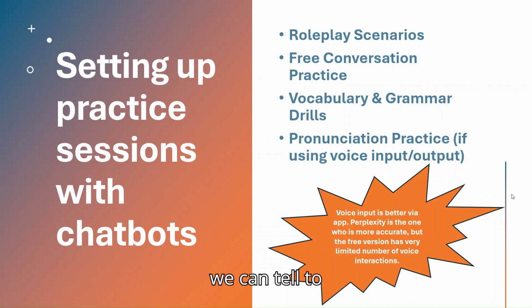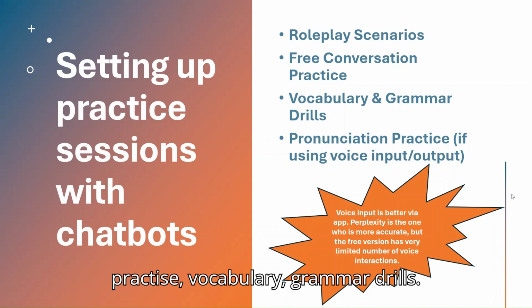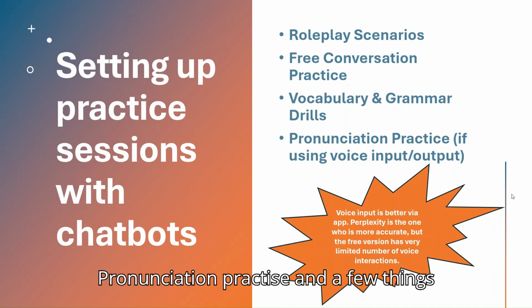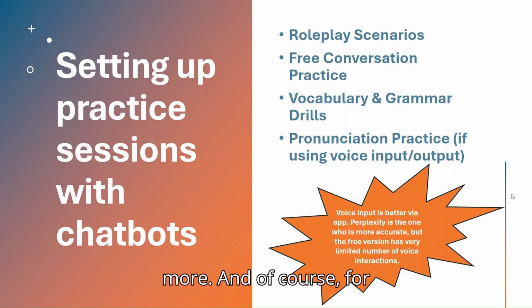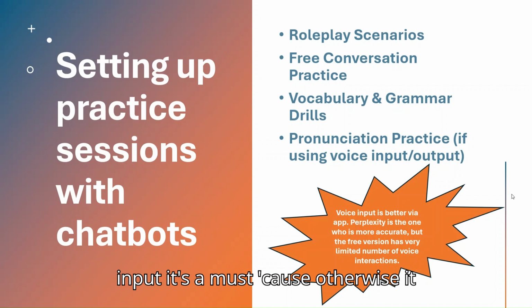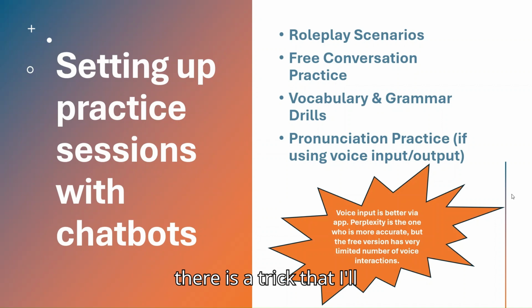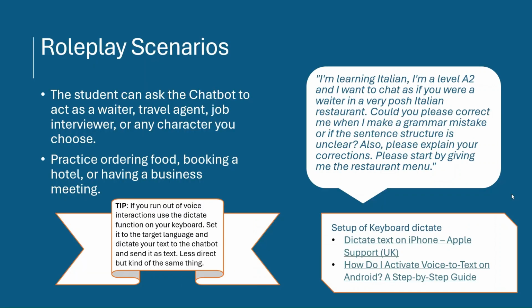So we can tell the students to create role play scenarios, free conversation practice, vocabulary and grammar drills, pronunciation practice, and a few things more. And of course, for the pronunciation practice, the voice input is a must, because otherwise it makes no sense. For the rest, there is a trick that I'll explain to you later.